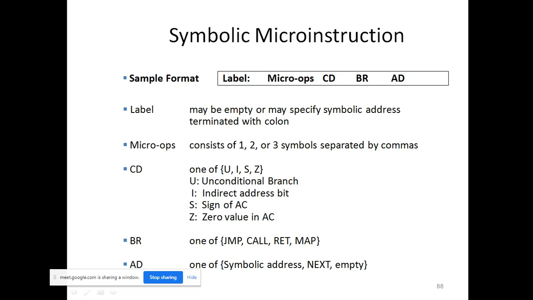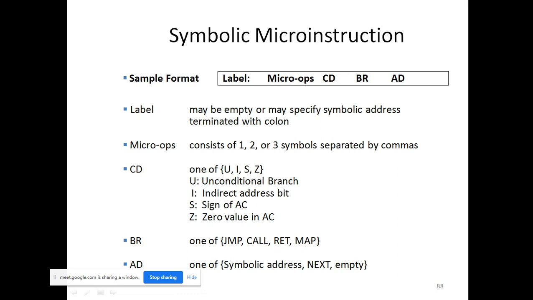And this CD represents the conditions, that may be indirect, sign flag or zero flag. So it is a sample format of the instruction. In an instruction it will compulsorily be like this format, that means the syntax for this micro instruction.